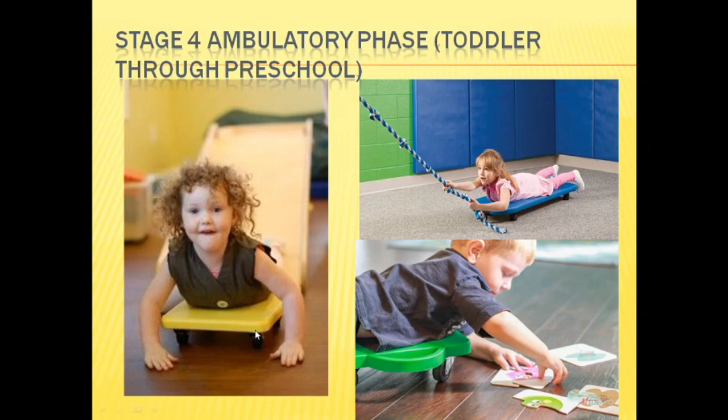In the first, the child is prone on the scooter board and using upper limb and lower limb tries to move around, so it will activate the extensor muscles and increase their strength, right? In the second photograph, the child is prone on the board and pulling a rope, so it will increase upper limb strength as well as extensor muscle strength, right?